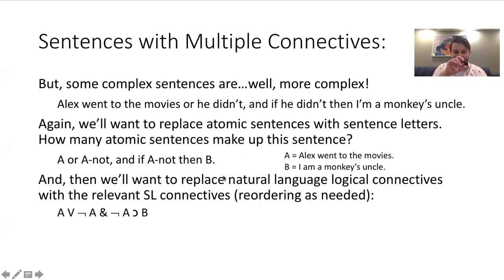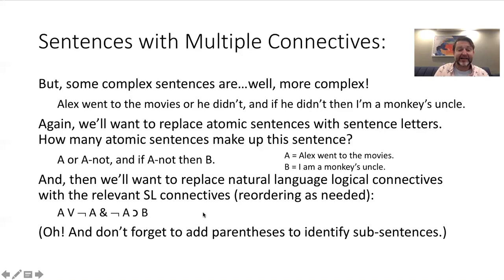Okay. And then what we want to do again is replace the natural language logical connectives with the relevant SL connectives. And we would reorder as needed here. So we would have A or not A and not A, if not A, then B. But look, this is confusing. We don't know what goes with what. We don't know if the and is connecting this whole disjunctive statement or if it's just saying a relationship between these two parts.